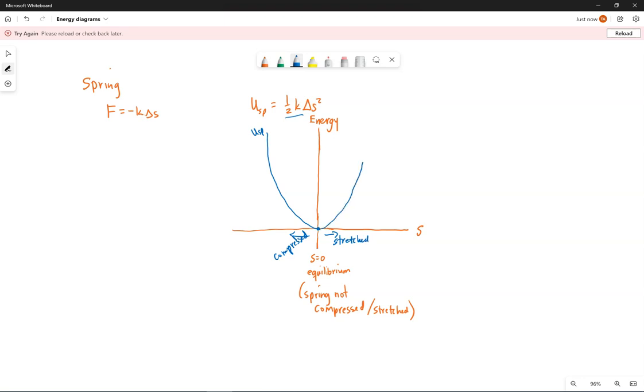It increases parabolically. How much the spring is compressed by determines how much energy it has. So for example, if the spring is compressed this distance, then it has this energy. If the spring is stretched this distance, then it has this much energy.